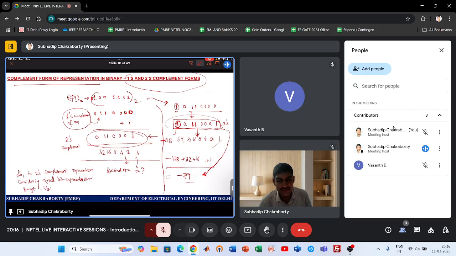That is the physical significance of 2's complement. But remember, you need to consider the signed bit with the proper sign, right? Then only you will get, since 1 denotes negative, the negative of the original number in decimal, right? Understood, or do I need to repeat? Here I did not consider the signed bit.